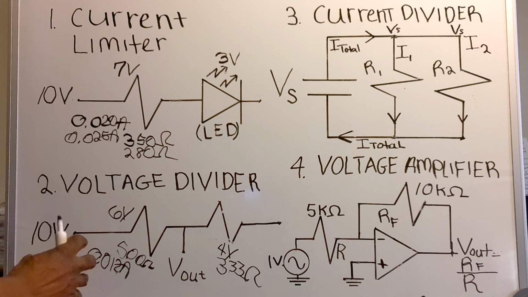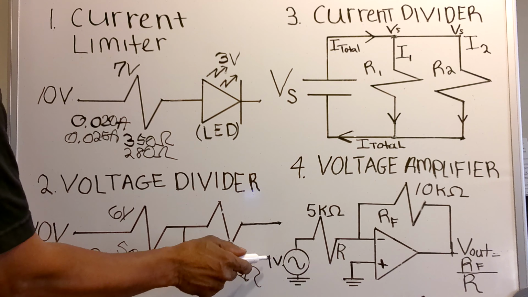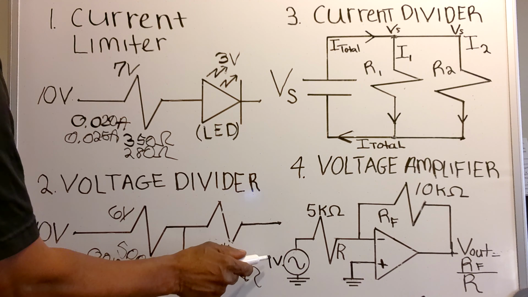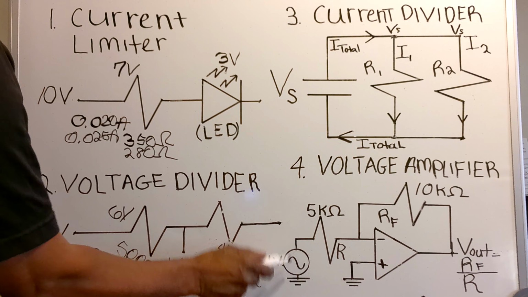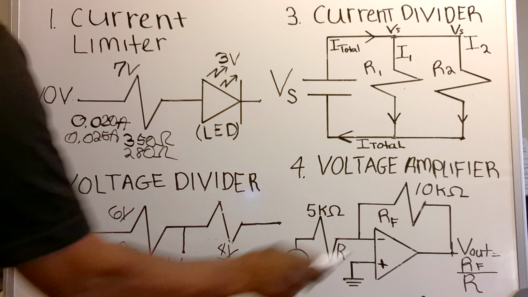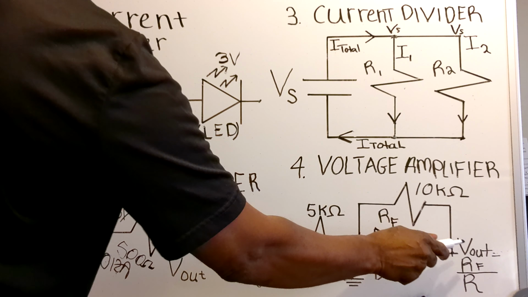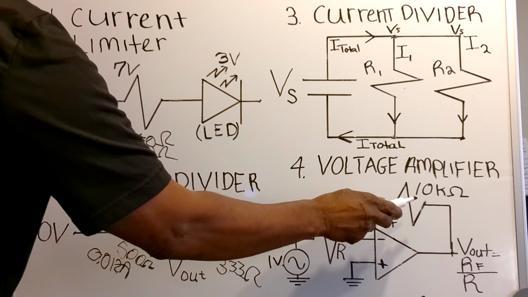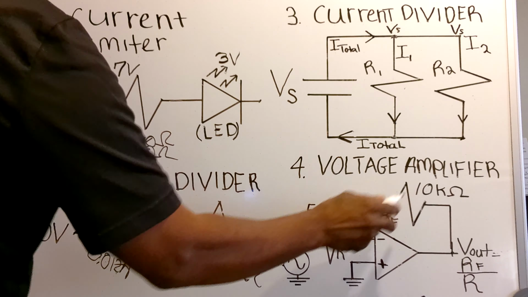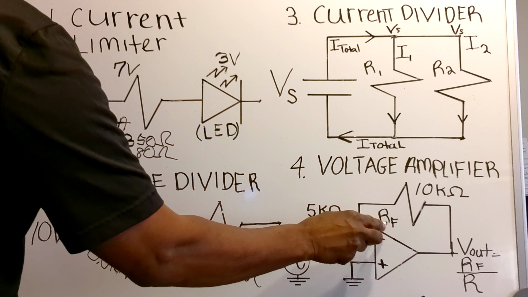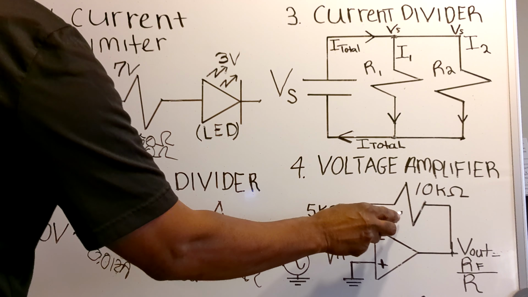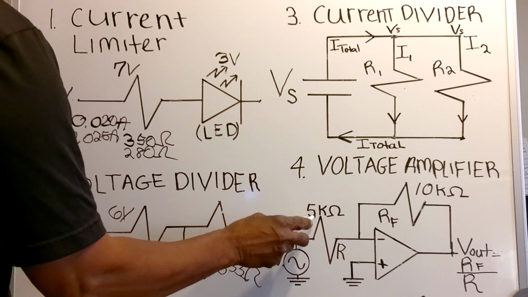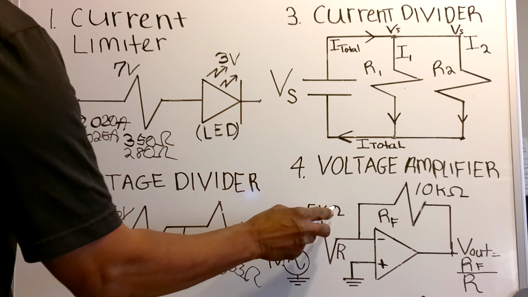Now, I have an input signal here of a 1 volt peak-to-peak sinusoidal wave. Now, what would the output voltage be? Well, the way you find the output voltage is to take the RF or the feedback resistor value and divide that by the R value, 5K ohms.